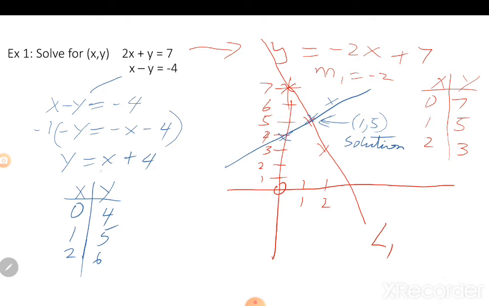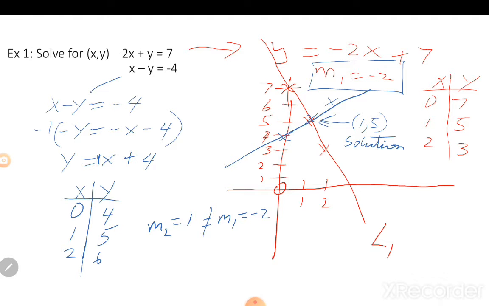And now again, if we look at our slopes, the slope for the second line, m2, is equal to 1, and the slope from our first line, m1, is -2. So these slopes are not equal to each other, right? So we expect that unique solution.